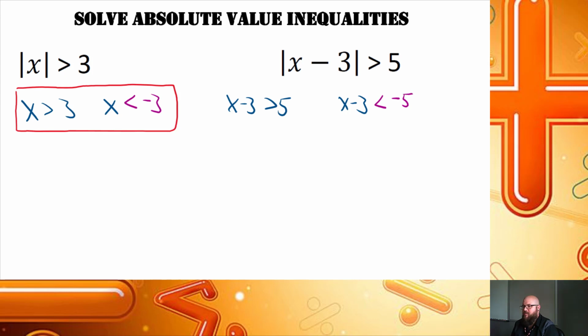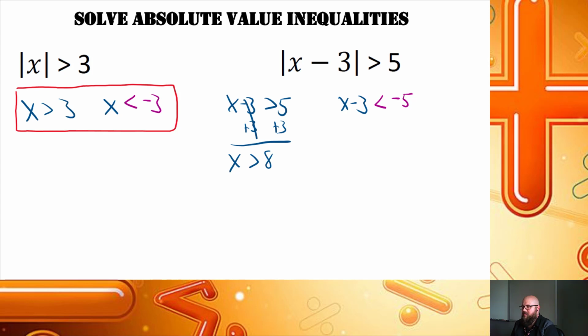Now we can go through and just simplify these to solve for x. In this first one, x minus 3 is greater than 5. We're going to add 3 to both sides. Therefore, we get x, these 3's go away, greater than 8.